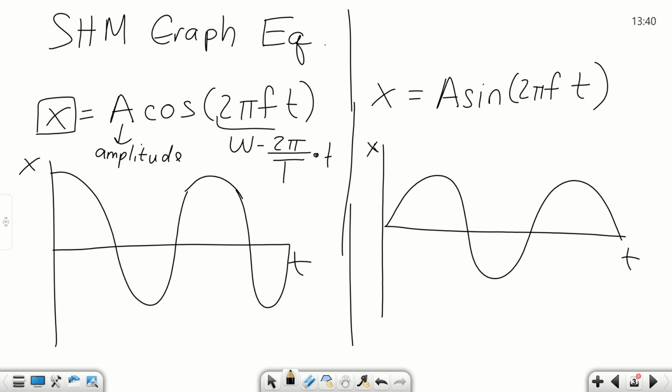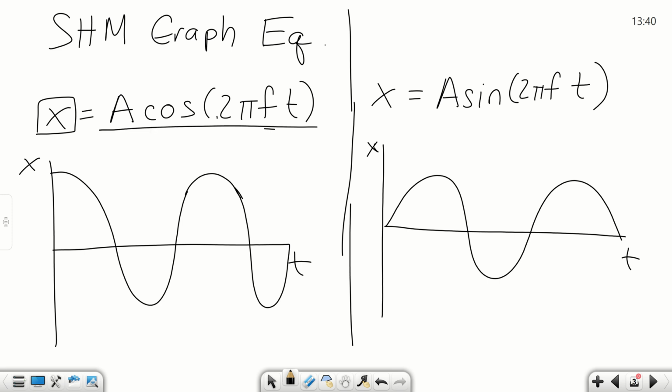Now, why do I have two different trig functions with this? That depends on where you are starting your problem, when you start looking at this oscillating motion.